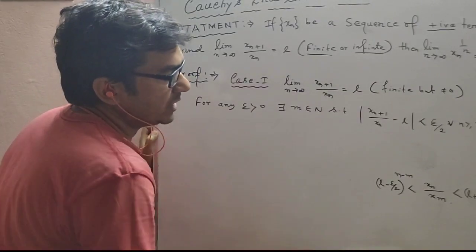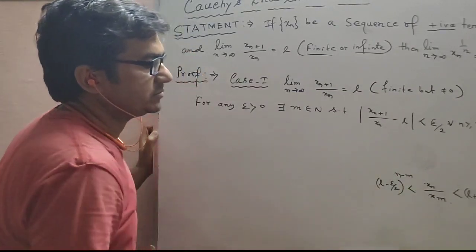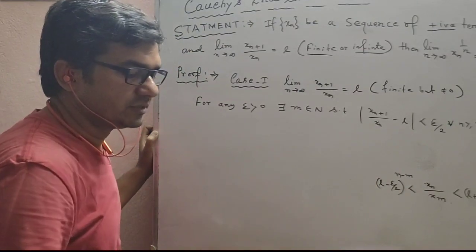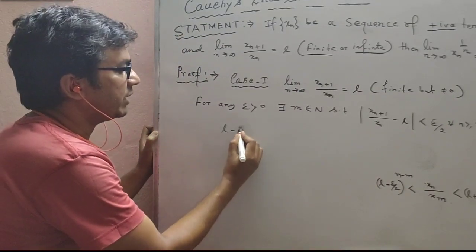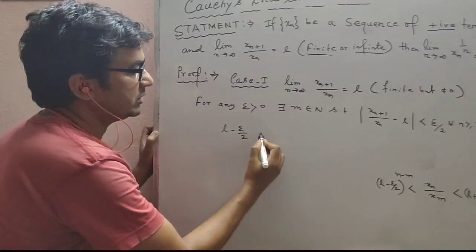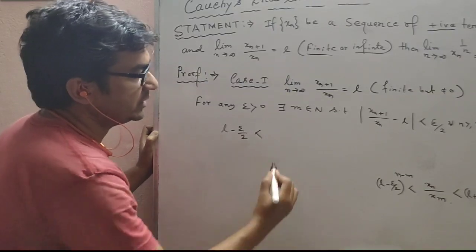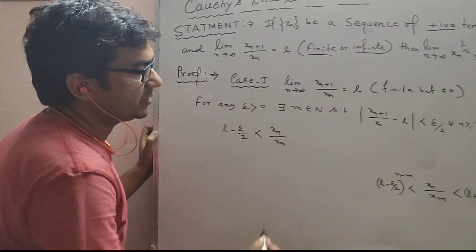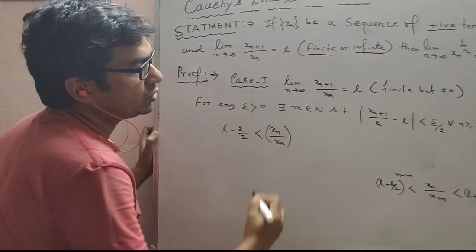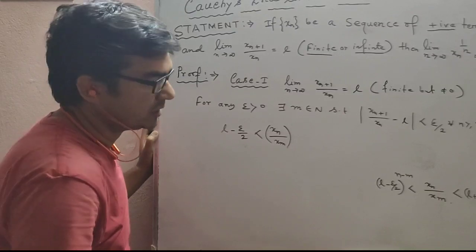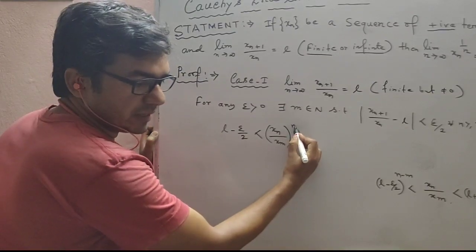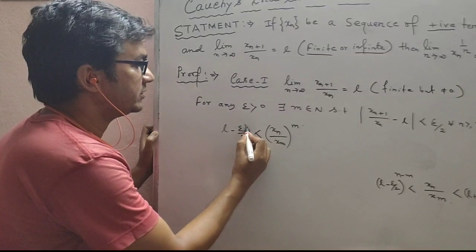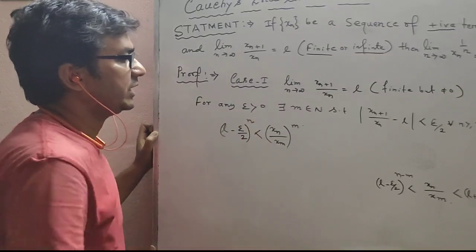Now if we consider the first and second part, then we get L minus epsilon by 2 all to the power m less than xn by xm into L to the power m.